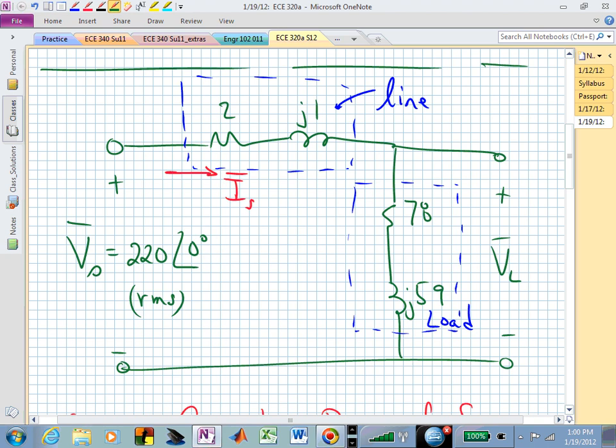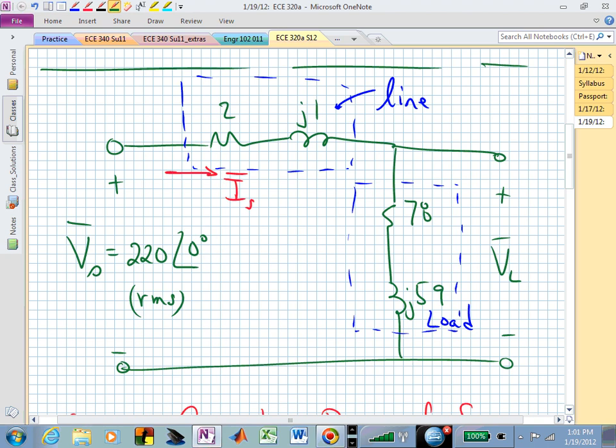Now that we have V sub L bar, what do we do? Then we multiply by the conjugate of the current going through that load. And what is the current going through that load? I sub S. It's the same current. All of these are in series. So you didn't have to recompute any current. There was no current division going on here. In this picture, what sign would I associate with this particular power?